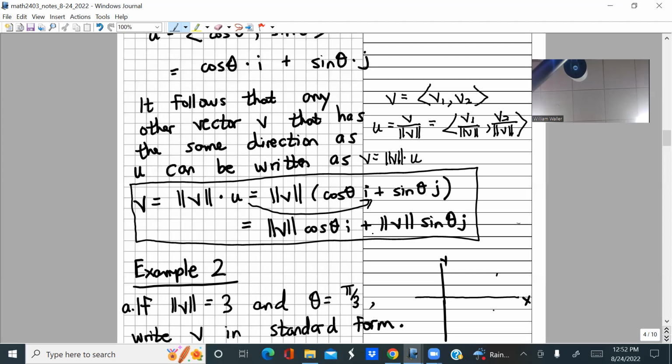This is really an important equation here, right? Okay, so for any vector, you can always write it as its magnitude times the cosine of its direction times i plus its magnitude times the sine of its direction times j.